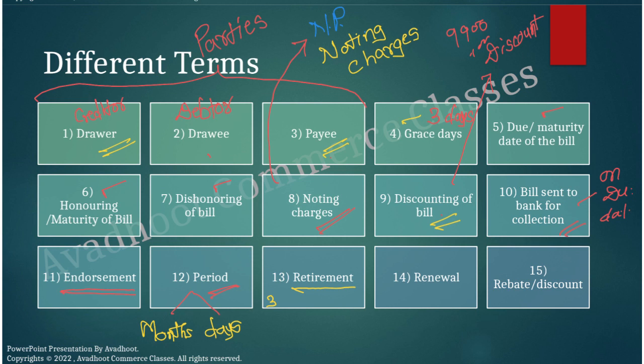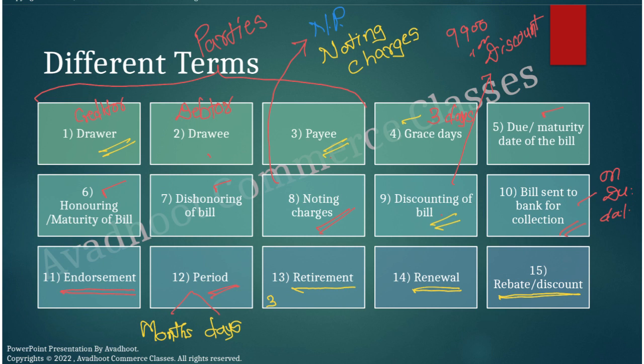Obviously, the drawee will demand from the drawer a certain amount because he made the payment earlier. That is called rebate or discount. The meaning is the same, rebate or discount. That is known as retirement rebate or discount. This will be used for renewal too.